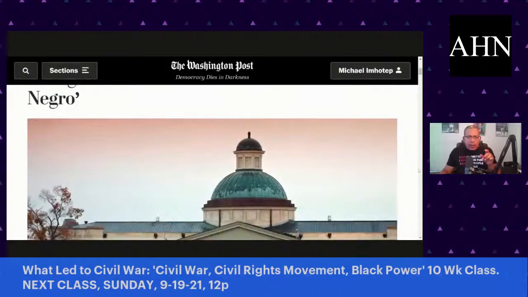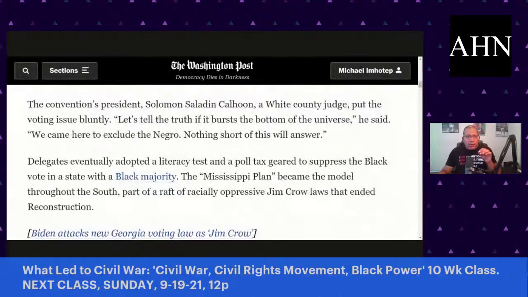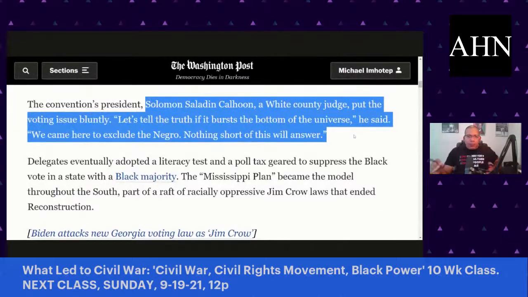They said that we are here to exclude the Negro at the Mississippi State Convention of 1890. It was presided over by a white county judge named Solomon Saladin Calhoun. To put the voting issue bluntly and explain why they were there, he said, let's tell the truth. If it bursts the bottom of the universe, we came here to exclude the Negro.